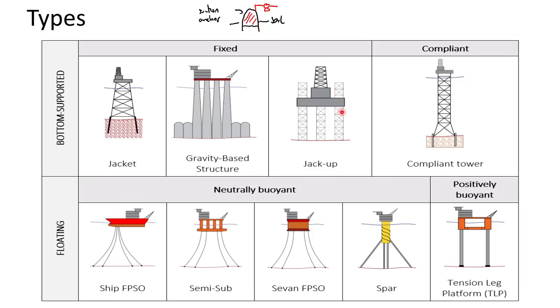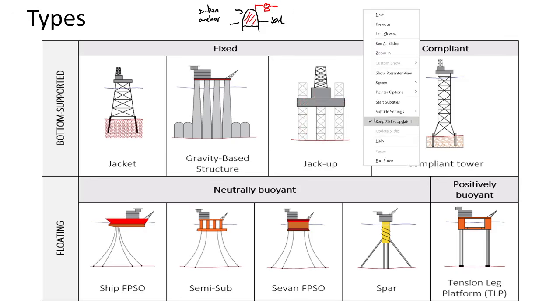We have a jack-up, which is similar to a jacket, but in this case you see the cross-section is not becoming smaller with depth; the legs are vertical. This is mostly used for drilling. Let me make another sketch.